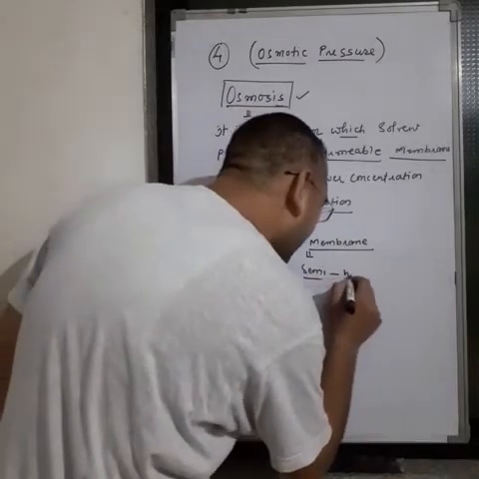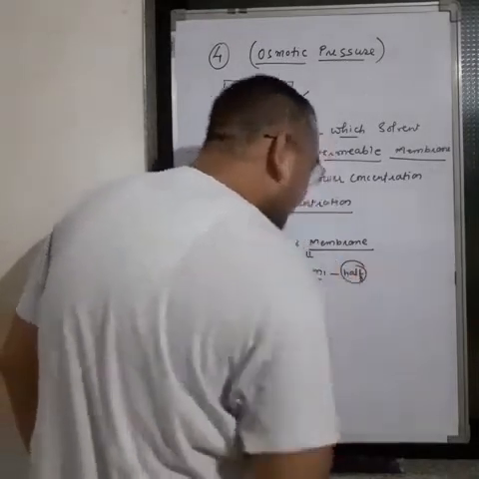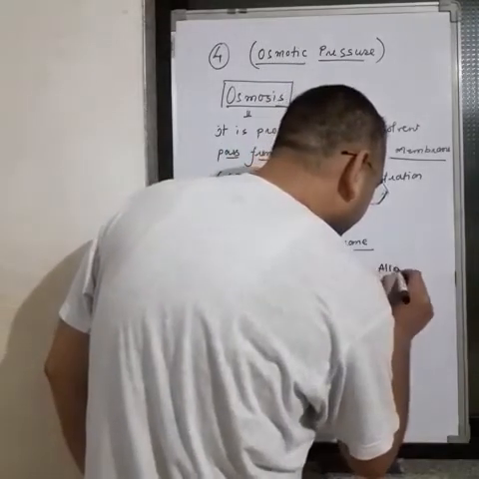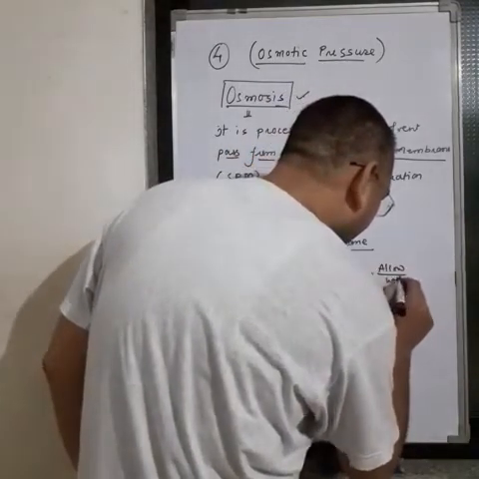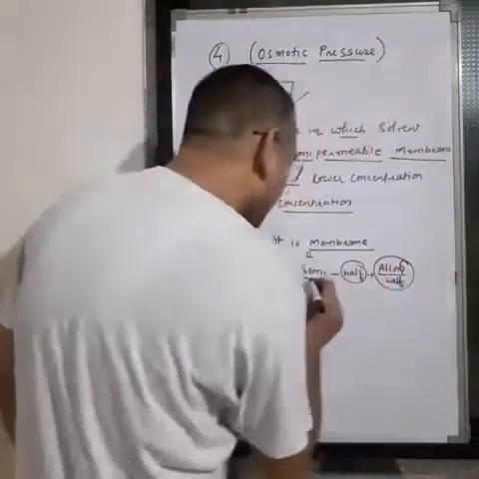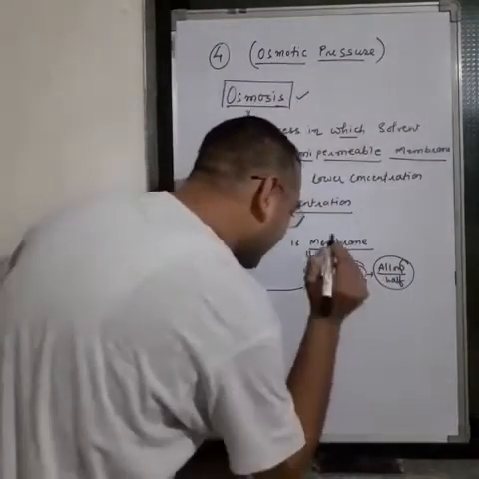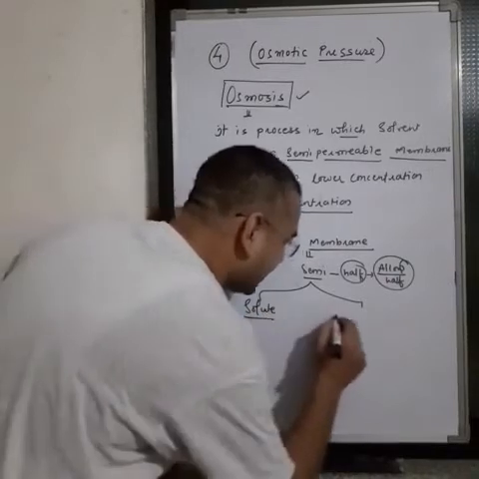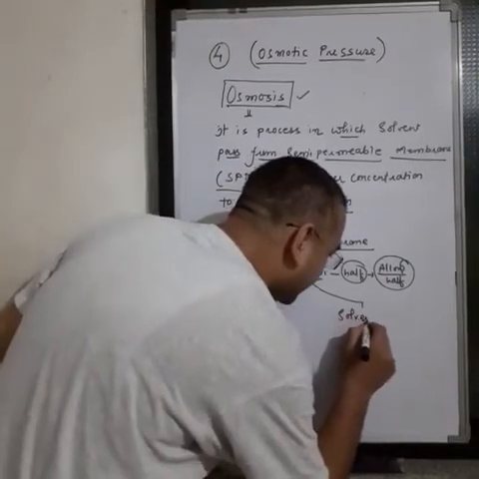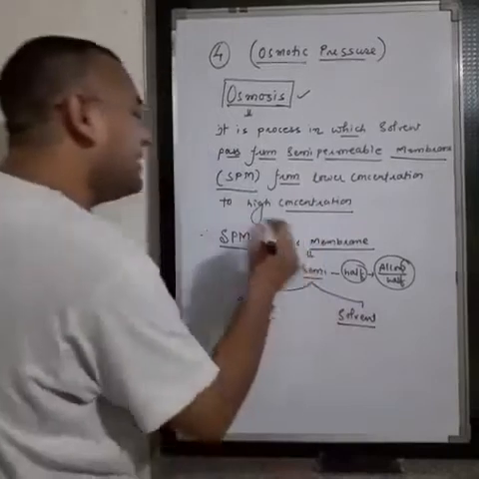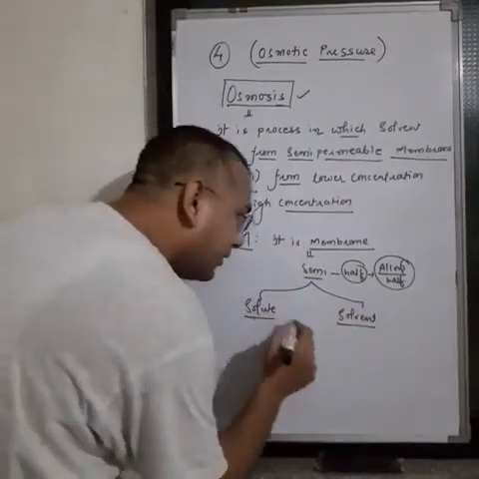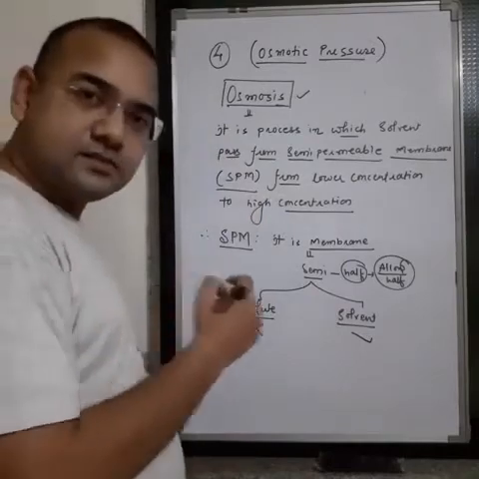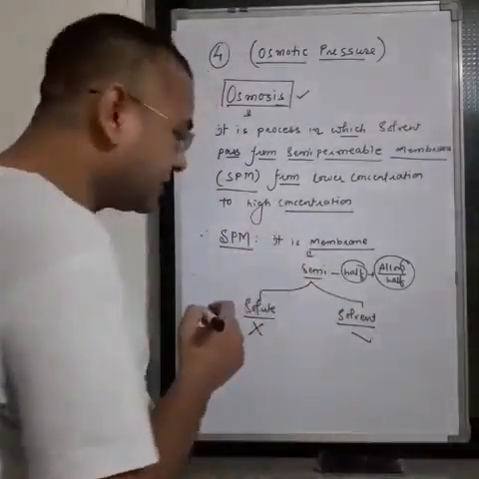Semi means half, so it allows only half of the things. Of solute and solvent, the semi-permeable membrane allows the solvent to pass and prevents the permeation of the solute.